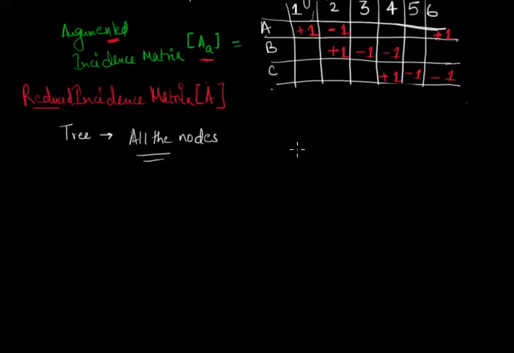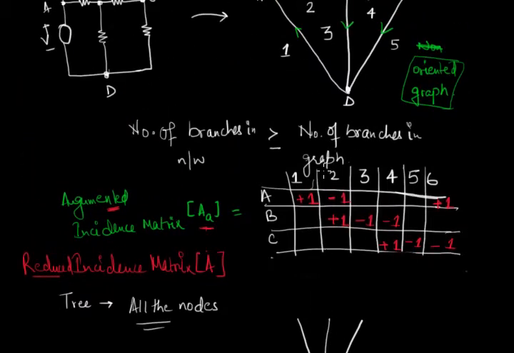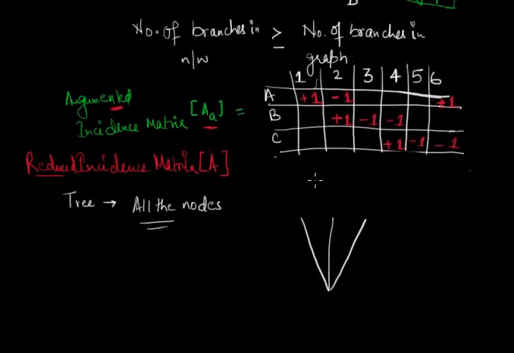See, if I draw the graph like this, these branches are 1, 3 and 5. It touches all the nodes A, B, C and D, but it doesn't contain any closed loop.